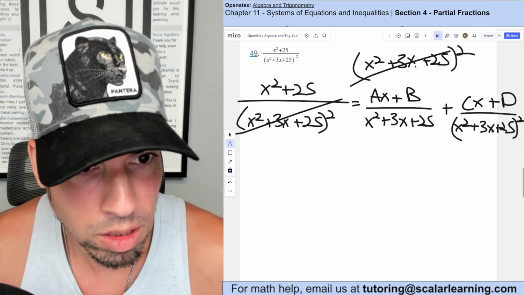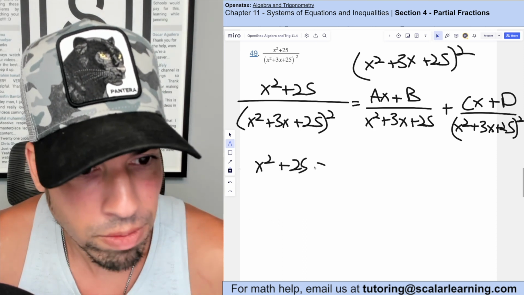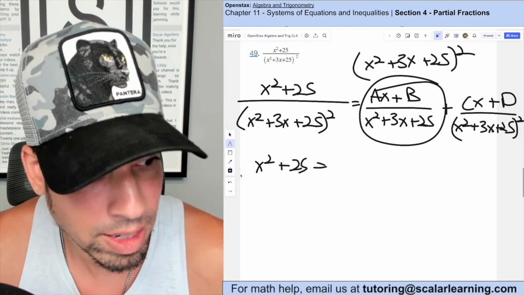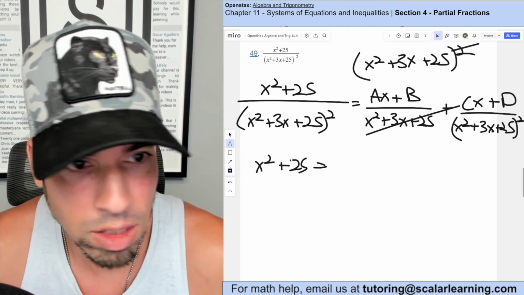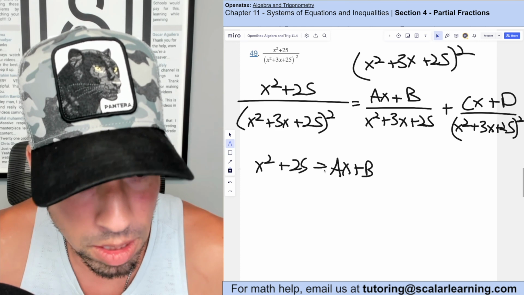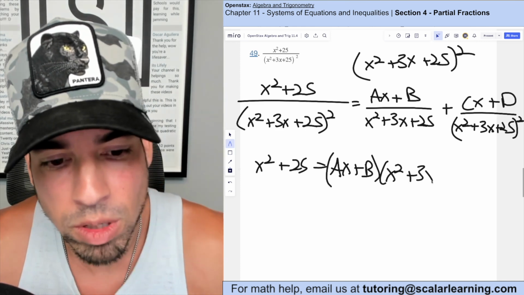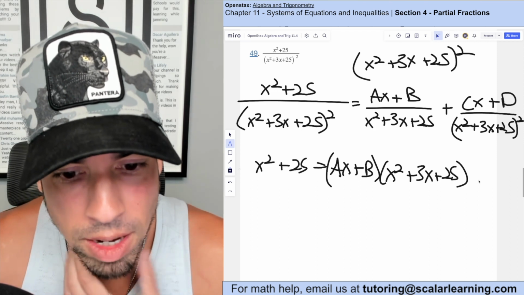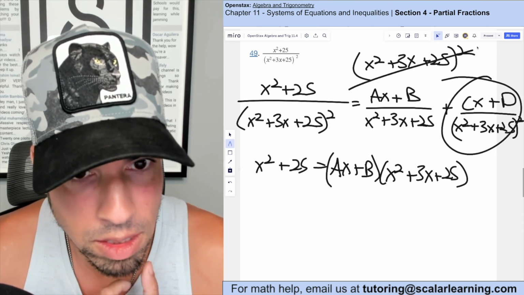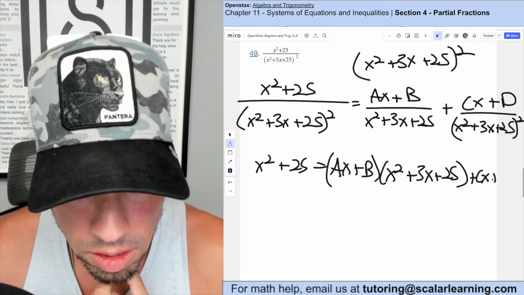So over here, of course, that's going to cancel out completely. And we got x squared plus 25, and then over here when we multiply against this term, these are going to cancel out, but you're still left with that quadratic. So ax plus b times that entire quadratic, x squared plus 3x plus 25, and then when we multiply against this, the entire denominator will cancel, and we're just left with cx plus d.